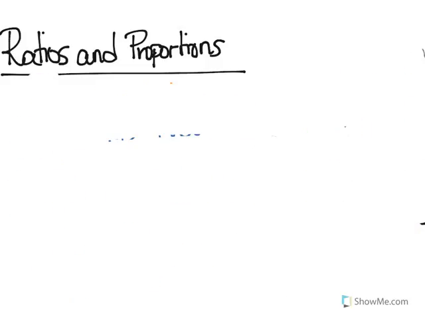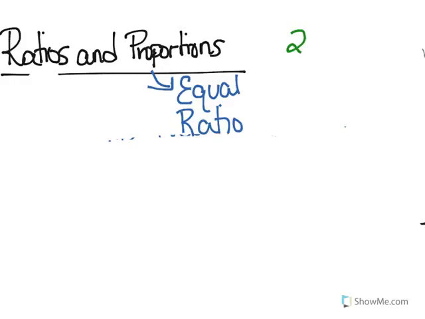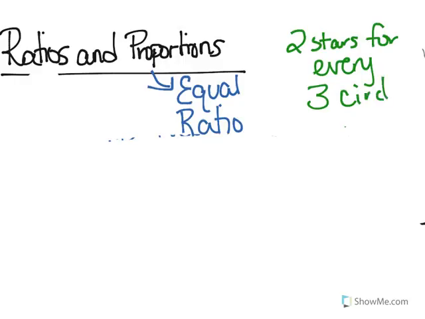Proportions are when you have equal ratios. It's when I take that ratio and I make it equal to another. For example, if I say I have 2 stars for every 3 circles, that's a ratio.